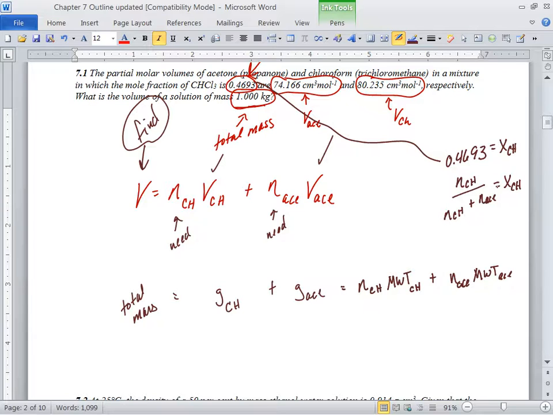So you have what we can do here. What's the trick to doing this? I forget what I did. Is 1 minus that going to give us the other mole fraction? Yeah, the 1 minus that would give us the other mole fraction.